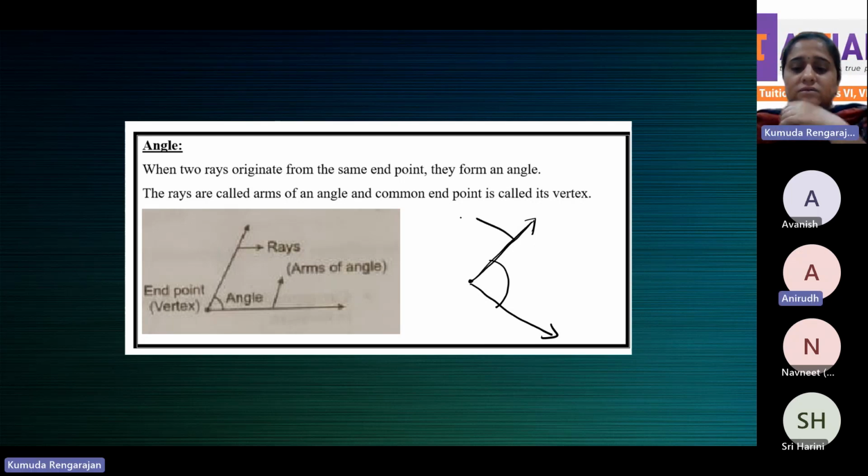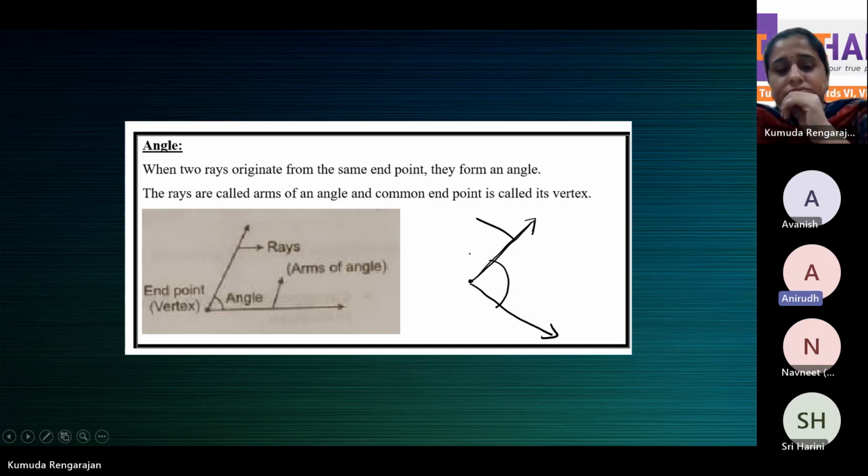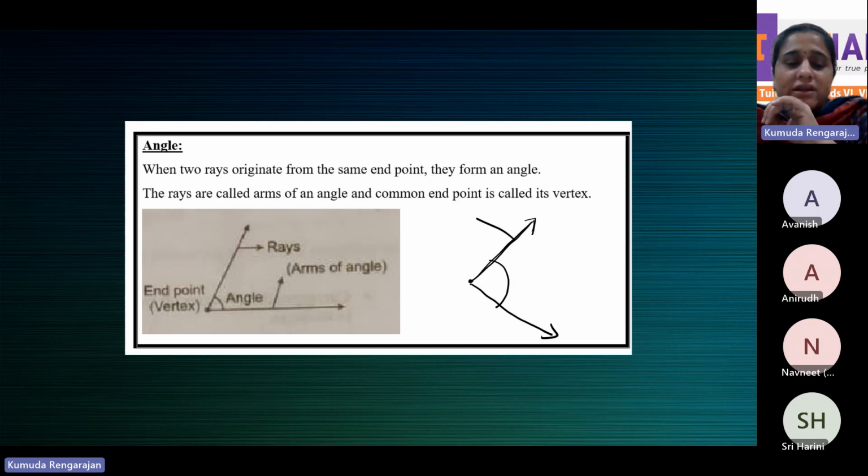Ma'am, I have a doubt. Yes, Anirudh? Ma'am, like in the figure they are saying one is ray and another one is the arm of an angle, ma'am. But it is also a ray only, no, ma'am, because it starts from one point and is extending to the other end. No, you have not understood the diagram correctly. Can you see rays?